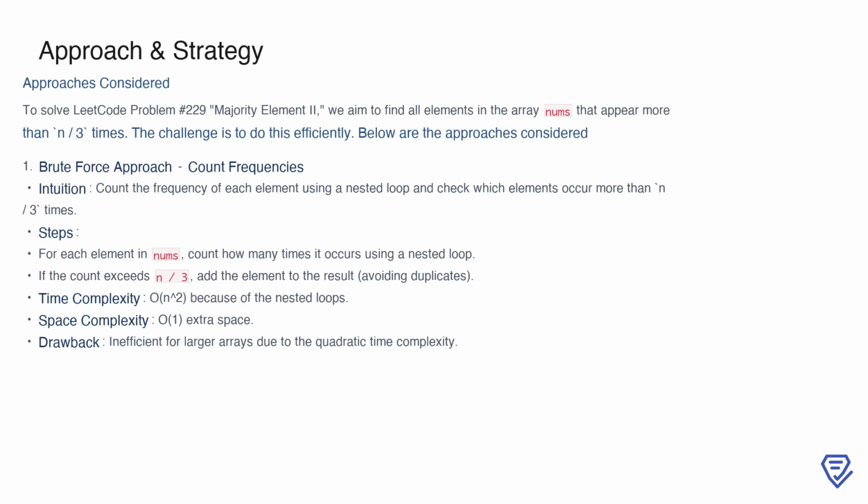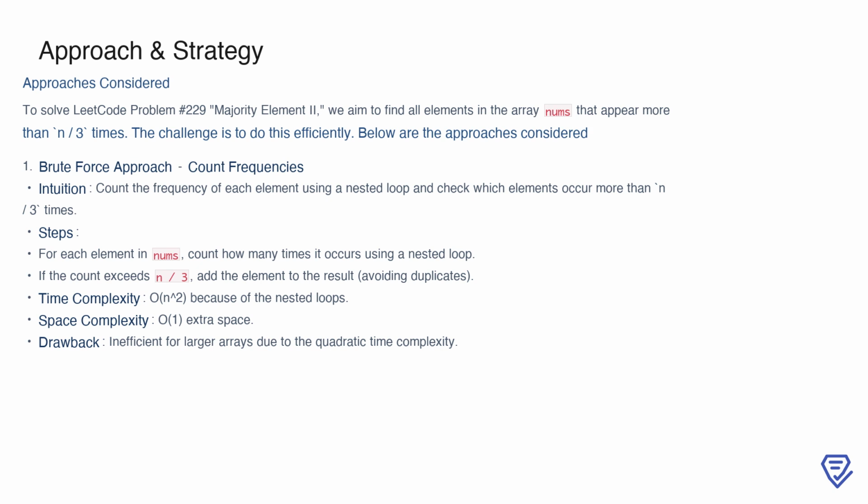To solve problem number 229, Majority Element II, we need to identify all elements in the array that occur more than n divided by 3 times. Let's start by considering a brute force approach. The intuition here is straightforward. For each element in the array, count how many times it occurs using a nested loop. If that count exceeds n divided by 3, we add the element to the result while avoiding duplicates.